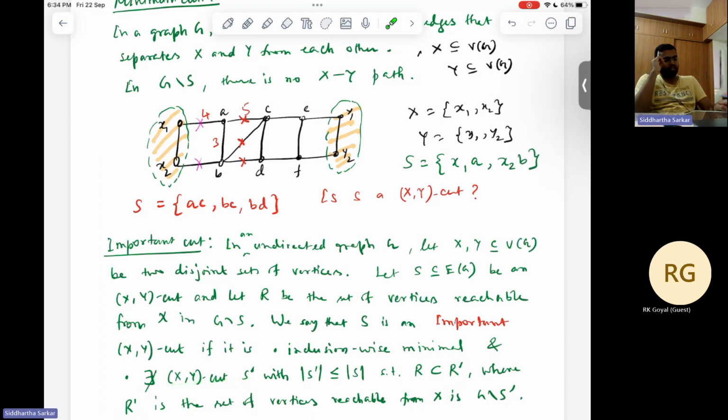If there is, then we cannot mark S as an important cut. Otherwise, we say that S is an important cut.